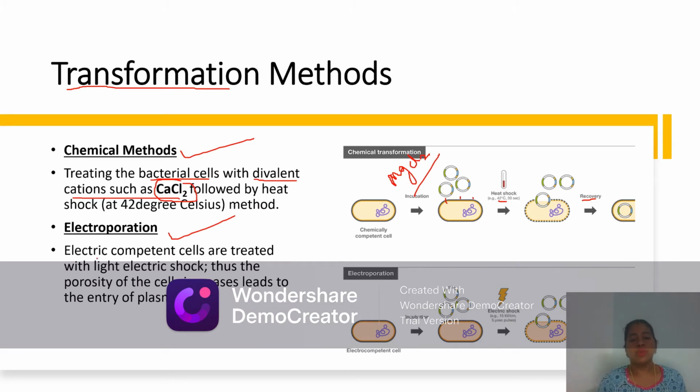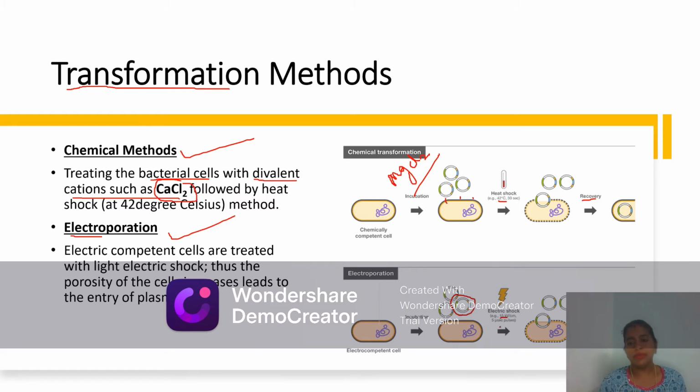What is electroporation? From the name itself you can define it. Electro means electric shock. Here the electrocompetent cells should withstand the electric shock. So the electrocompetent cells will be taken together with whichever vector you wanted to insert, and you will apply a slight electric shock. Slight electric shock means approximately 15 kV.